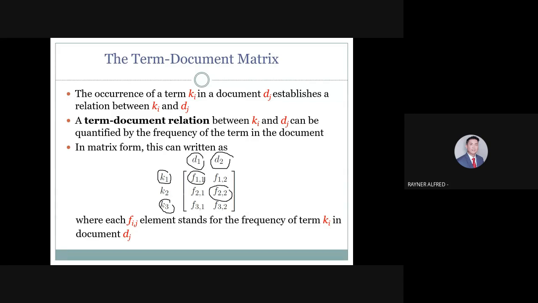For this one, this refers to the frequency of keyword 2 in document 2. So when we have D1, D2, and then keyword 1, keyword 2, keyword 3, if we have 3, 2, 0, 1, 2, 1, that means keyword 1 exists 3 times in document 1.